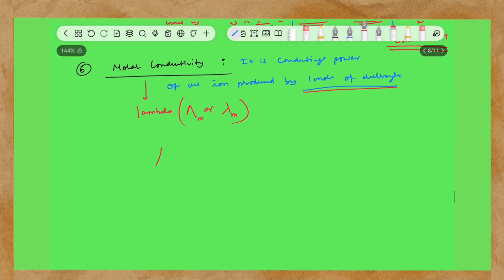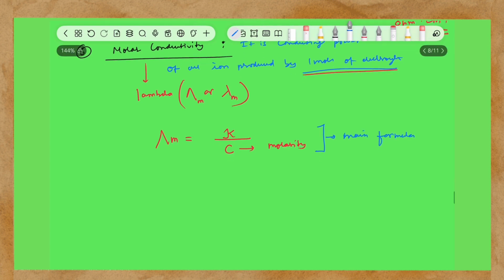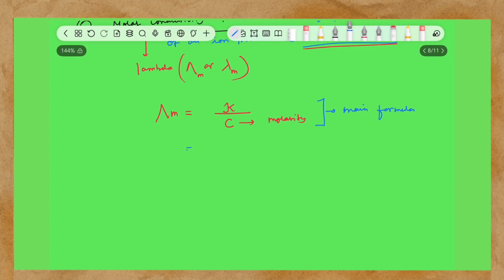So molar conductivity is basically equal to conductivity per mole of concentration. So we write it as kappa divided by concentration. This is molarity. This is the main formula of molar conductivity. Now what we have to understand in this formula is its unit.